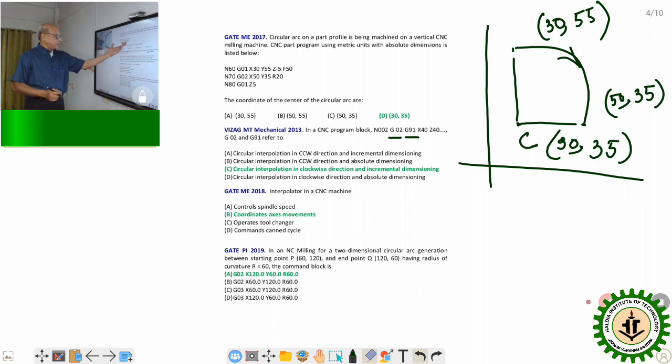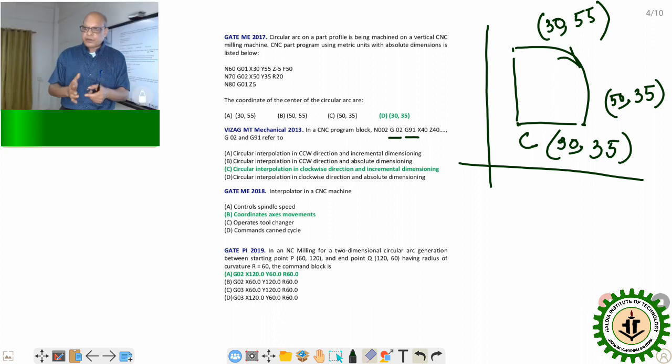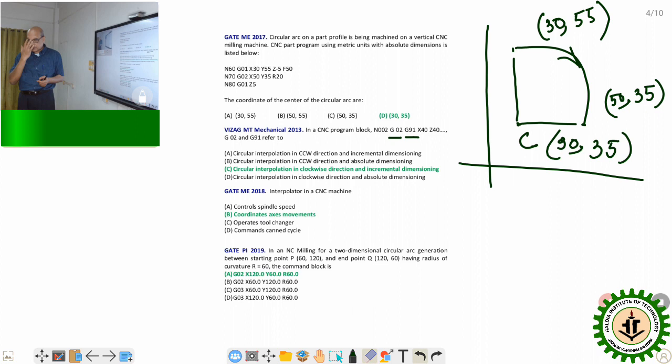G02, as I discussed right now, is a preparatory function of the G codes for implementing circular interpolation in clockwise direction. And G90, 91 are the two commands used for absolute mode of programming and incremental mode of programming respectively.